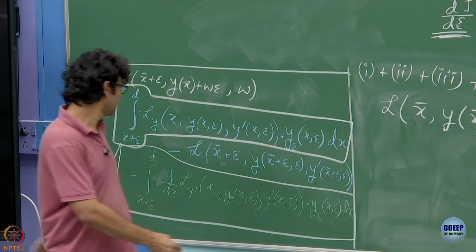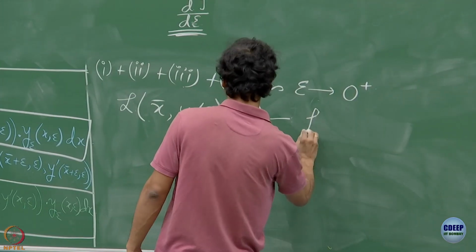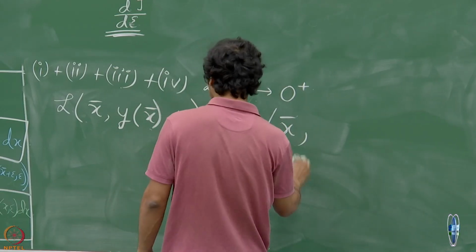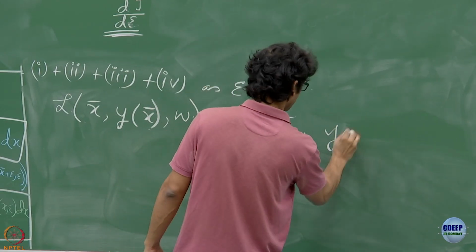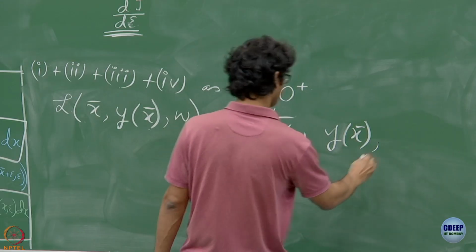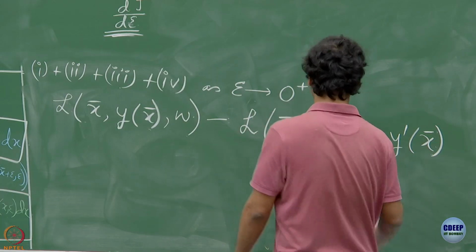So what is this? Minus L evaluated at x bar, y evaluated at x bar, comma, y prime evaluated at x bar.